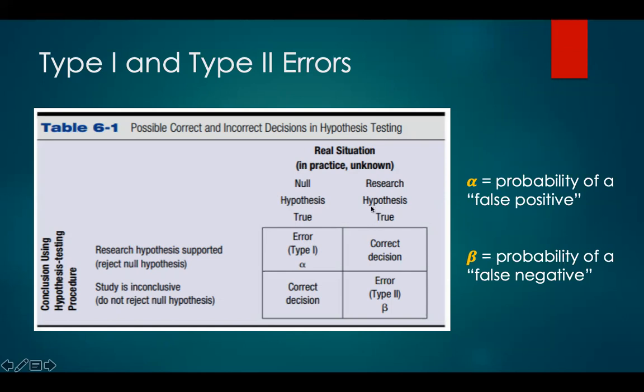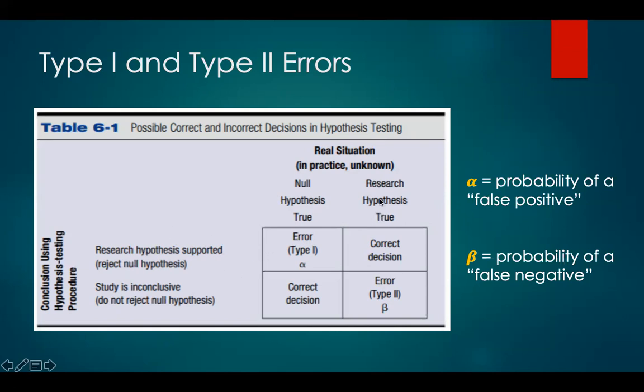Now let's say our research hypothesis is true, so there is an actual effect at the population level. And our research hypothesis is supported by our data. And we wind up rejecting the null hypothesis because our p-value is less than 0.05. Well, we've made a correct decision. There is an effect, and our data were able to find that effect.